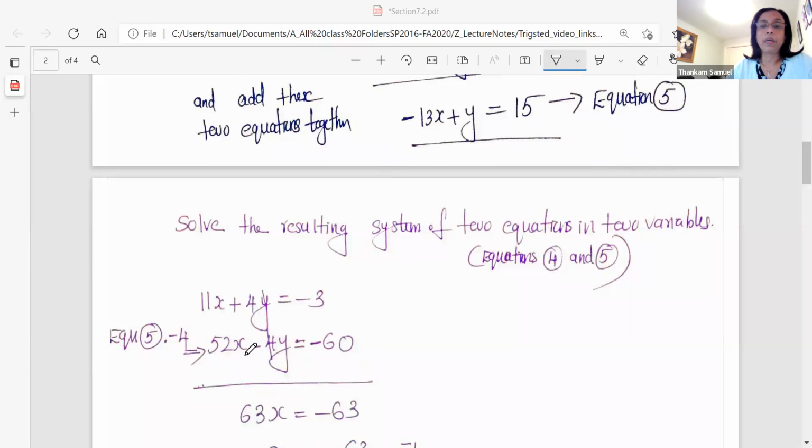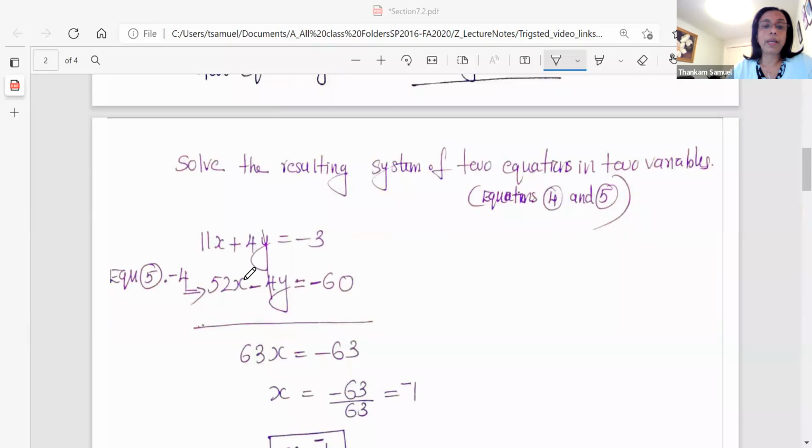So -4 times -13x, that is 52x. And -4 times y, -4y equals -4 times 15, -60. So let's take these two equations together and add them together, and we can see that y terms are eliminated.